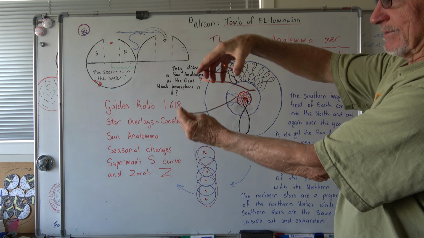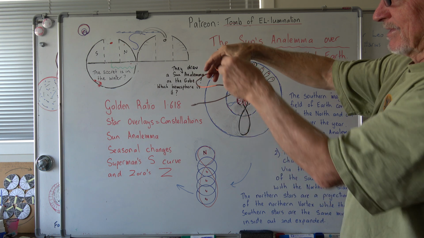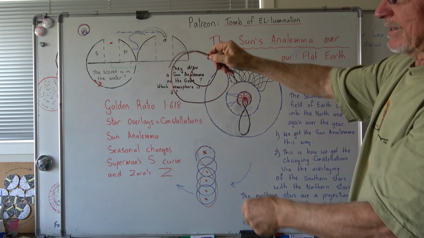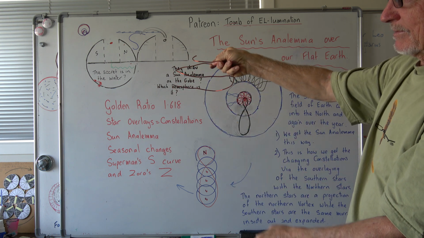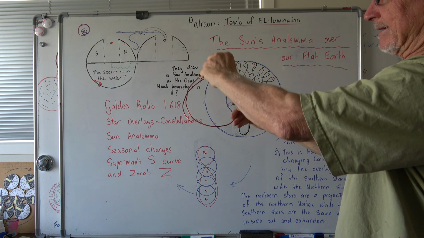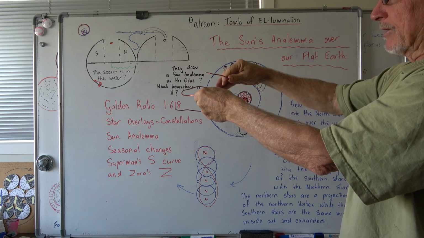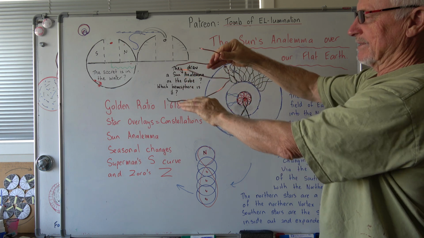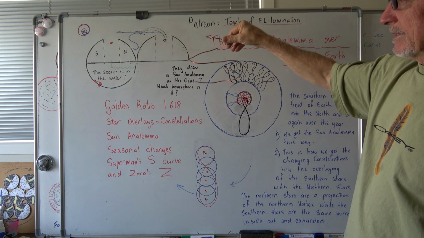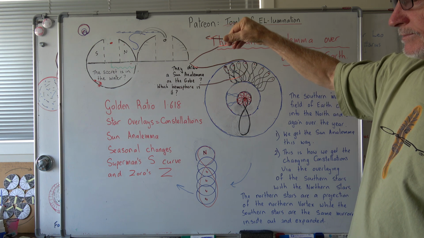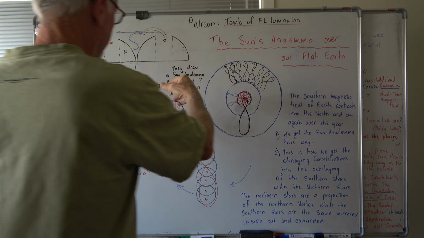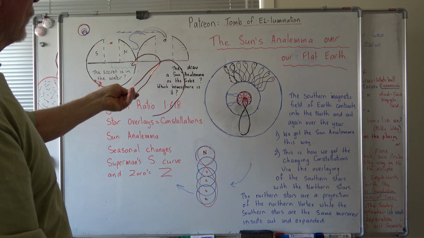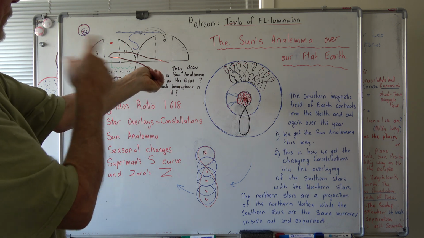Expanded in the field, see, thanks to the S-curve. Northern hemisphere up top here. It all makes sense, doesn't it? As you see an S-curve there. Or if you look at another way, it's the Zorro.